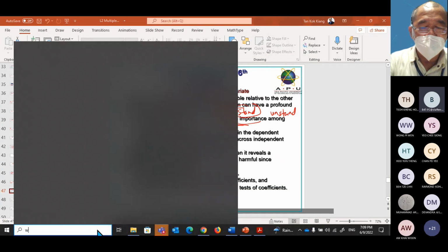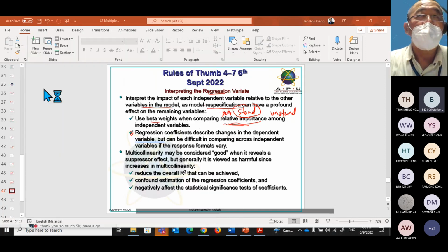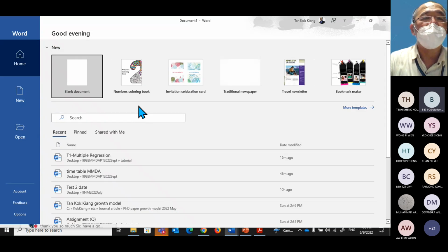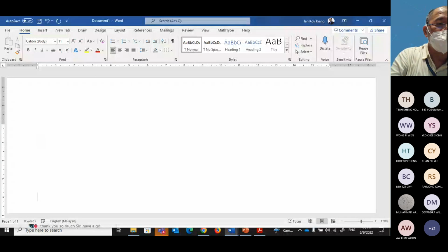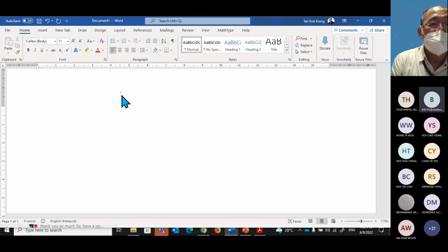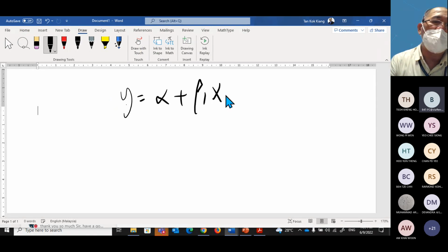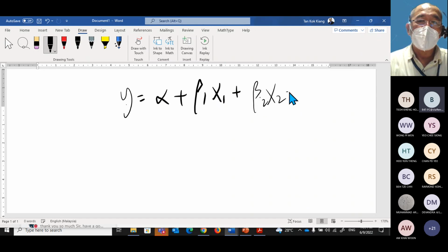We discuss again how to interpret the beta coefficient of the independent variables. So y equals alpha plus beta 1 x1, plus beta 2 x2.